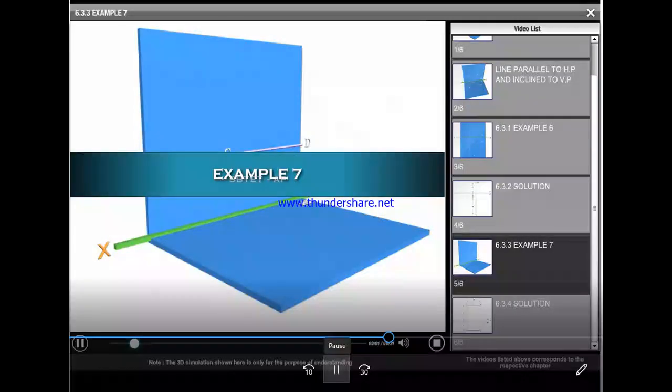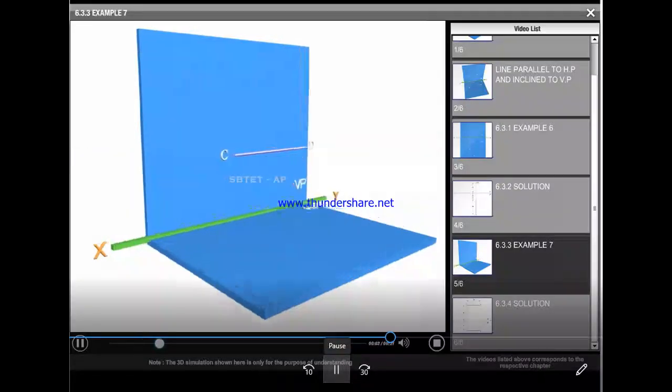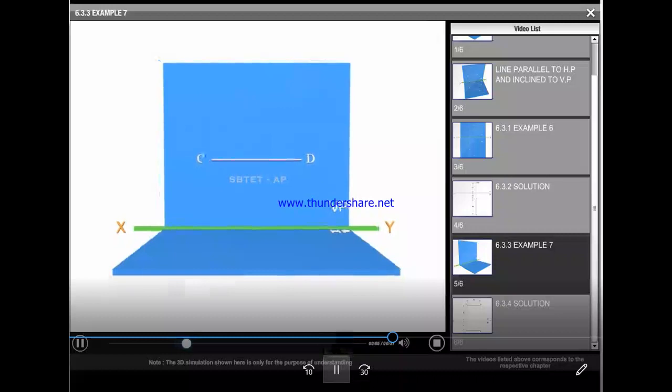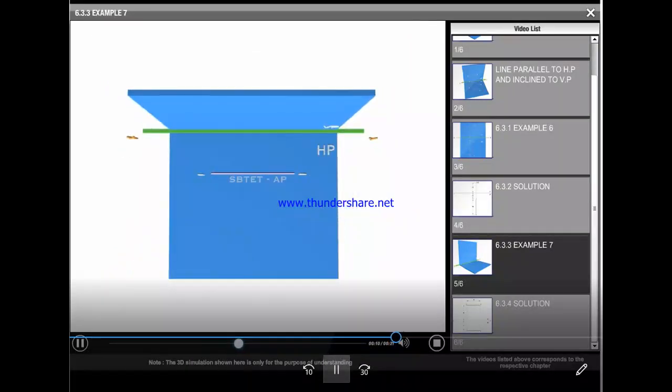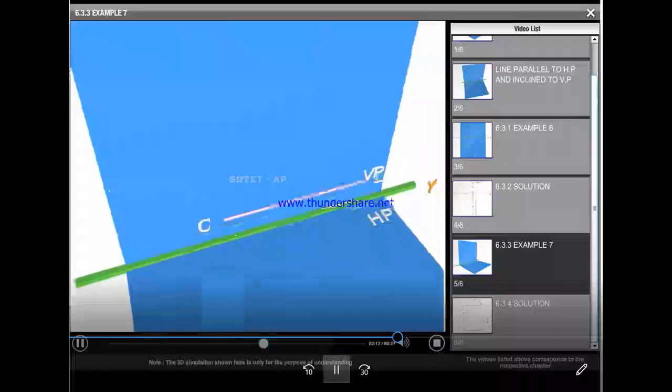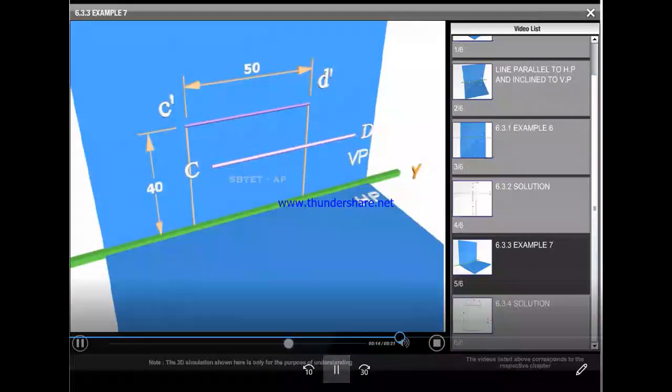Example problem 7. In this, the line CD is of length 50 millimeters and is parallel to both VP and HP. The line is 40 millimeters above HP and 25 millimeters in front of VP.